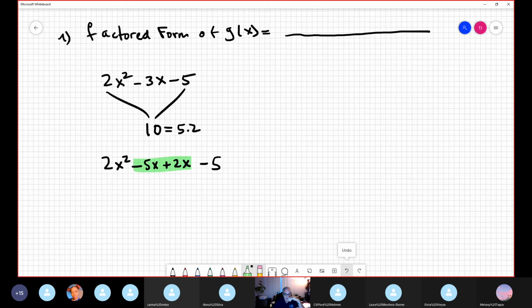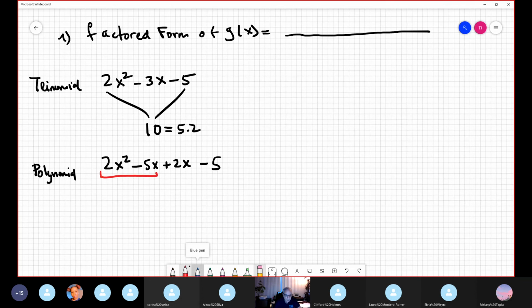So basically, what I did was convert a trinomial, 3 terms, into a polynomial that contains 4 terms: 1, 2, 3, 4. And you apply factorization by grouping.